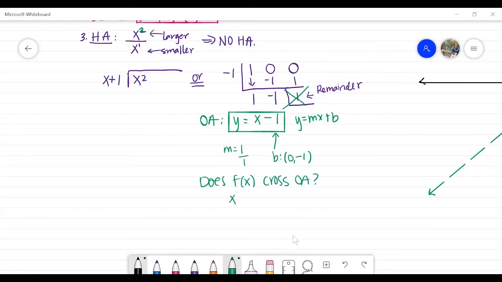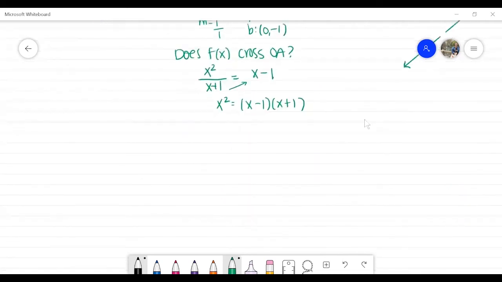Take your function, x squared over x plus 1, and set it equal to x minus 1, right? That's our oblique asymptote from up here. So I'm going to cross multiply again. I have x squared is equal to, and we need to FOIL this out. This is the difference of squares, right? So you get x squared is x squared minus 1.